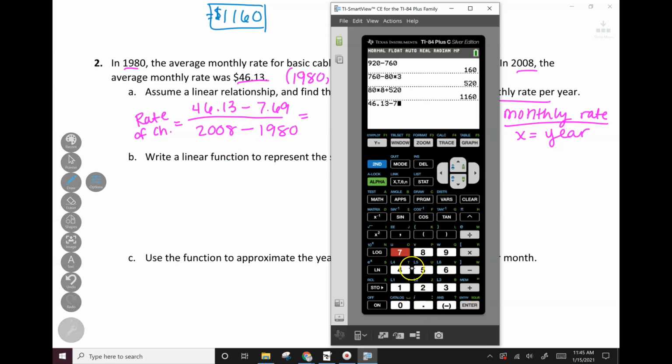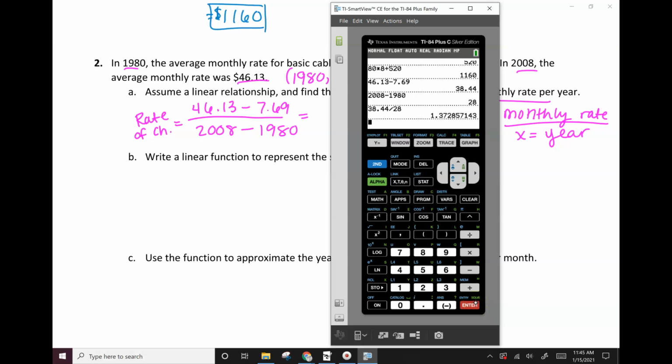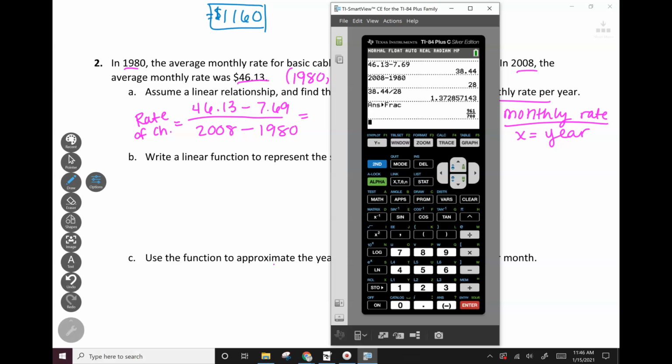And then I've got 2008 minus 1980, and I'm dividing those numbers. So I'm going to scroll up, grab that, divide by 28. I'm going to hit math frac just to see if I can get a more exact number here. And so that fraction would be 961 over 700.